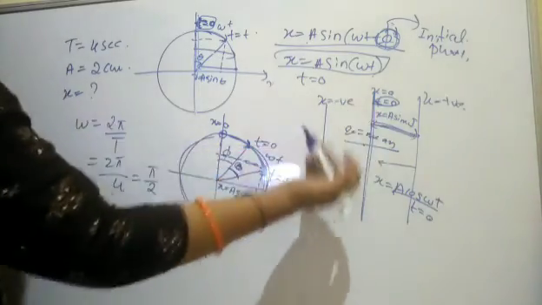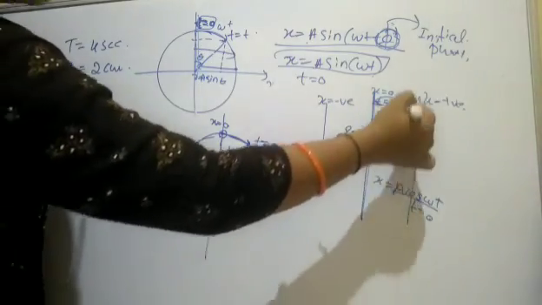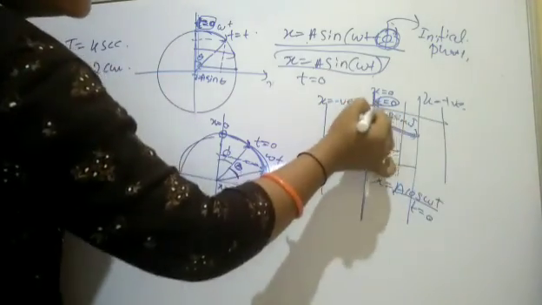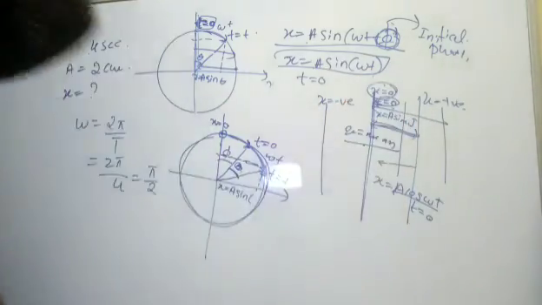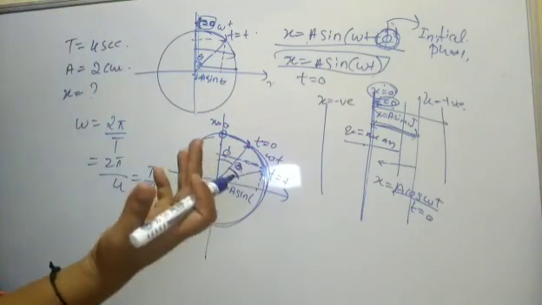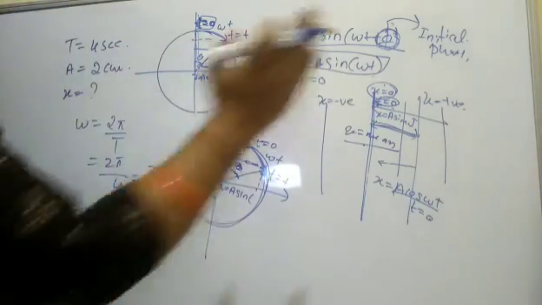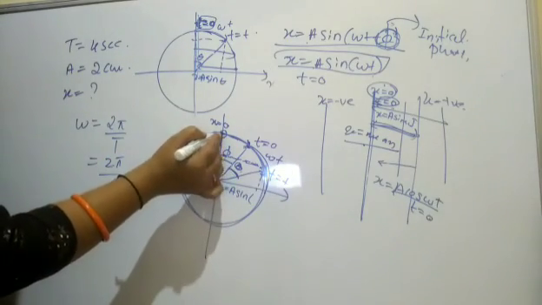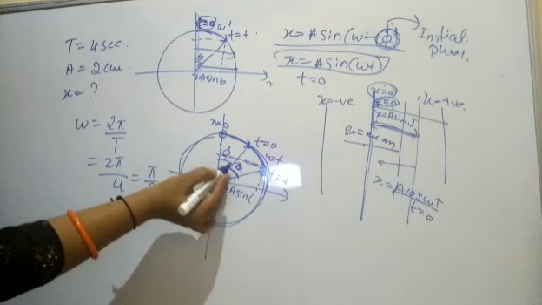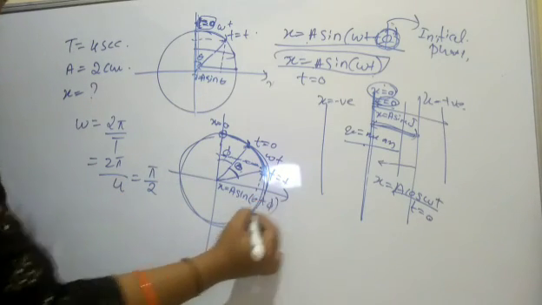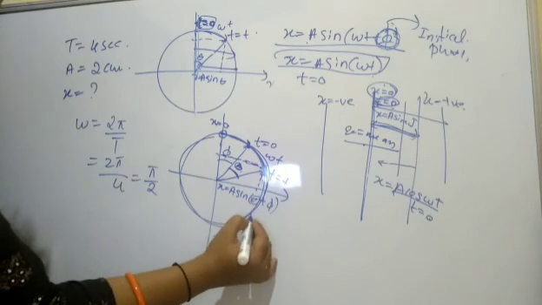In this case also, wherever the particle is, x is always measured from the mean position, meaning displacement is always measured from the mean position. Similarly here, the initial phase where it started the journey is phi, so the angle is theta plus phi, where theta is omega t.